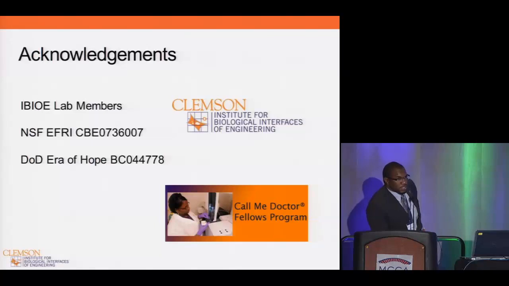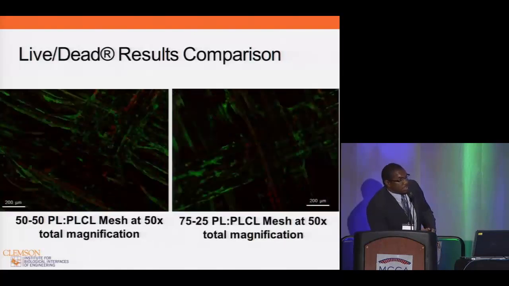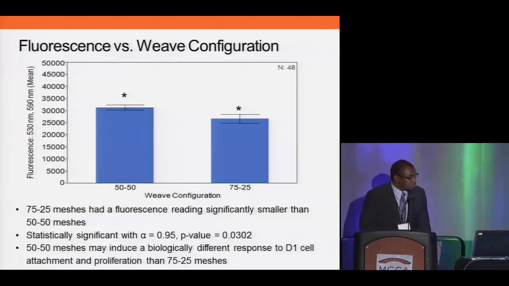I don't think that it's a result of the material per se. As you saw on the slide, the 50-50 copolymer meshes also showed similar amounts of cell growth on the mesh. So I don't think it was really a significant difference between the material types. I think it's more a result of the weave configuration. Good. Thank you.